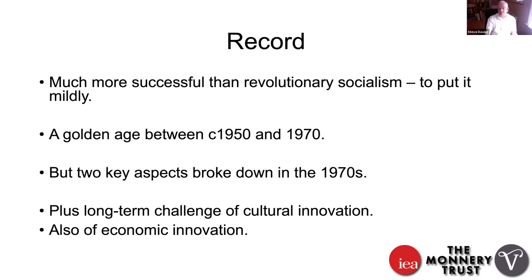And there's also a problem of economic innovation. Social democratic economies have the same kind of problem as revolutionary socialist ones, which is that they're not very innovative. They're more innovative by quite a way than the state economy of the Soviet Union, but they're still not fully successful. And so what we have here are two quite different kinds of socialism.